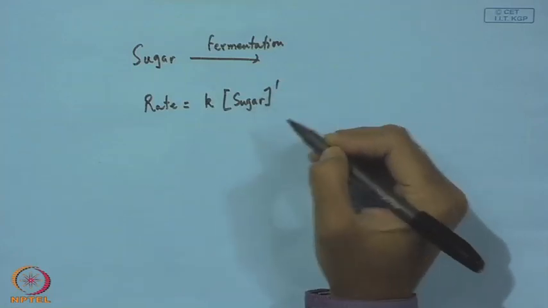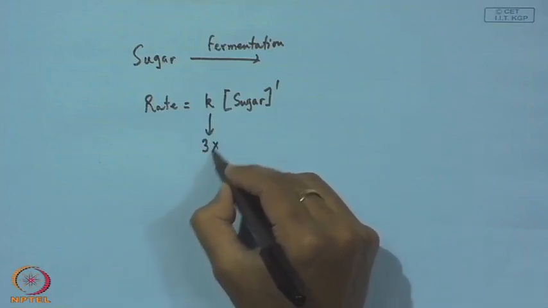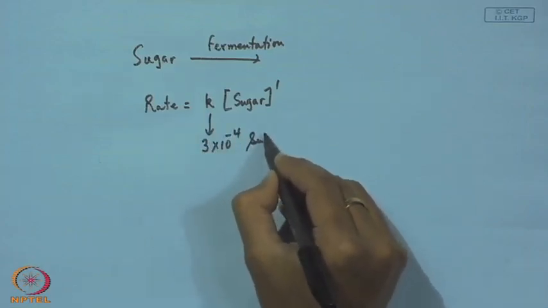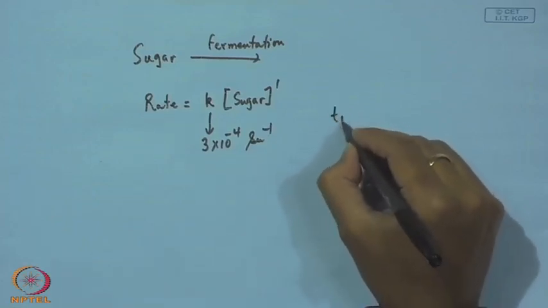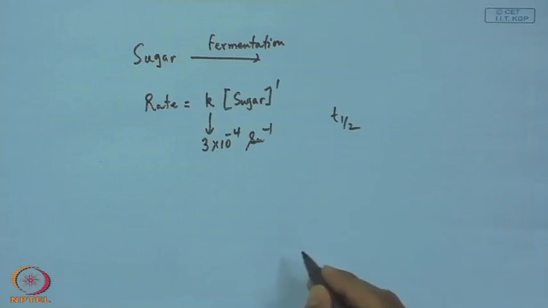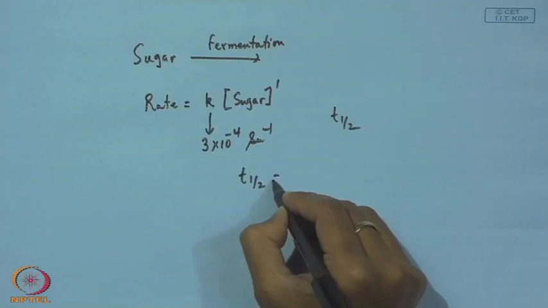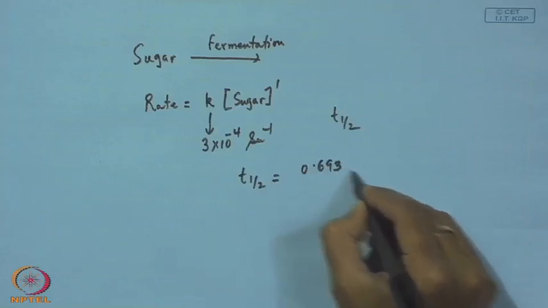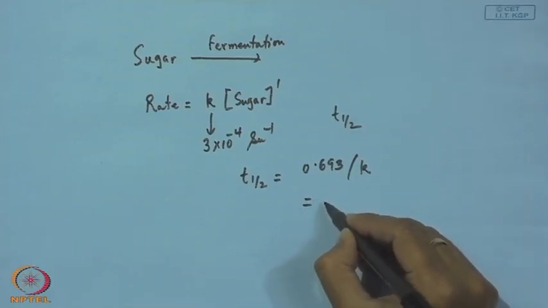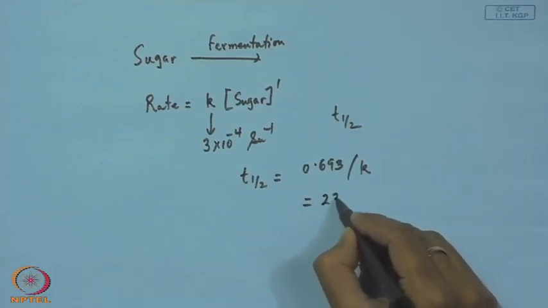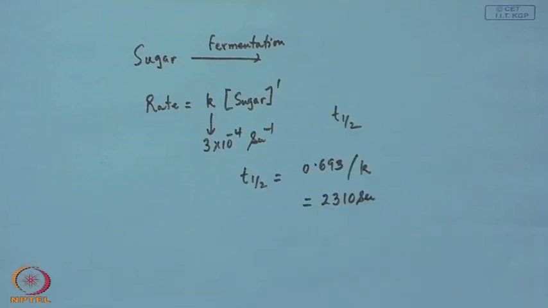It is known to proceed via first order kinetics, where k is equal to 3 into 10 to the power minus 4 second inverse. So, what is the half life of the reaction, t half? Since it is a first order process, t half will be equal to 0.693 by k, which, if we plug in the appropriate numbers, gives 2310 seconds. So, the half life is 2310 seconds.